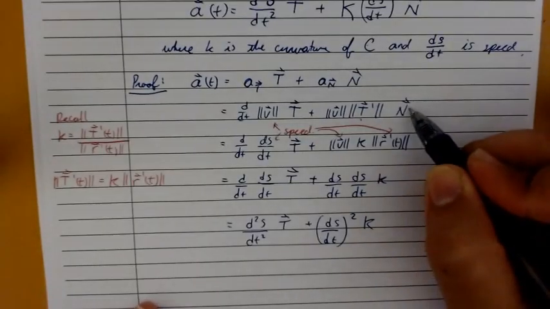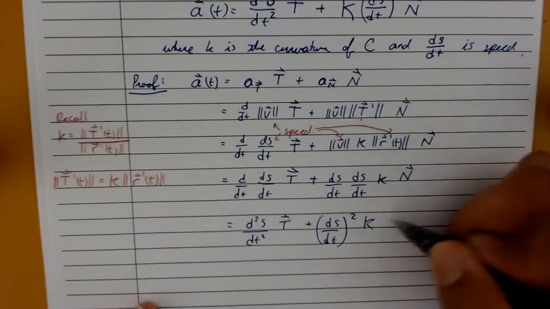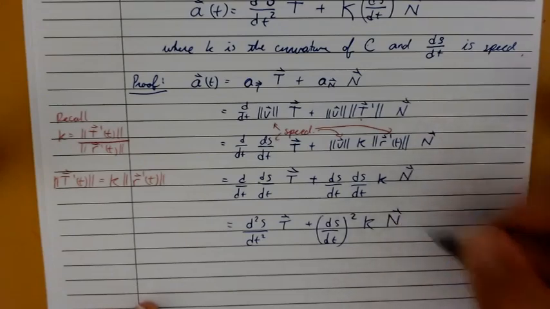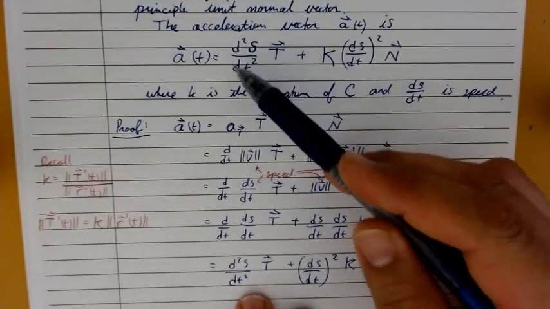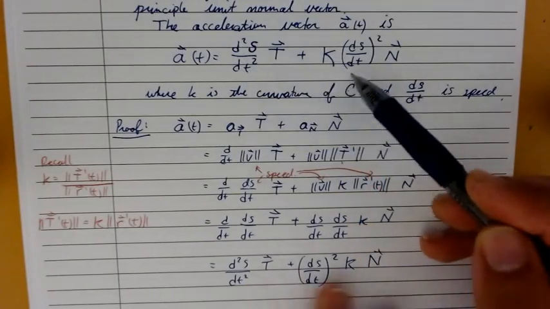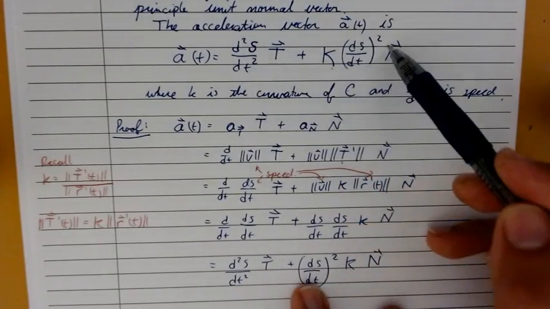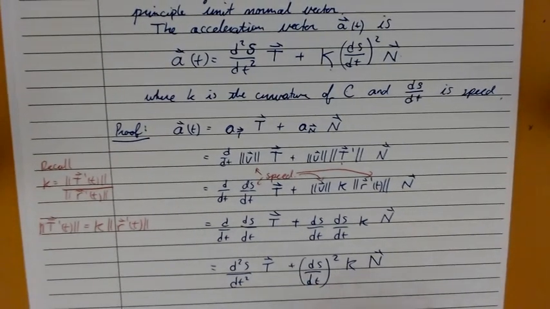Oh, and I'm forgetting my N here, aren't I? Which is our result. We're looking for the second derivative of s with respect to t times T plus the curvature times the speed squared times the principal unit normal vector.